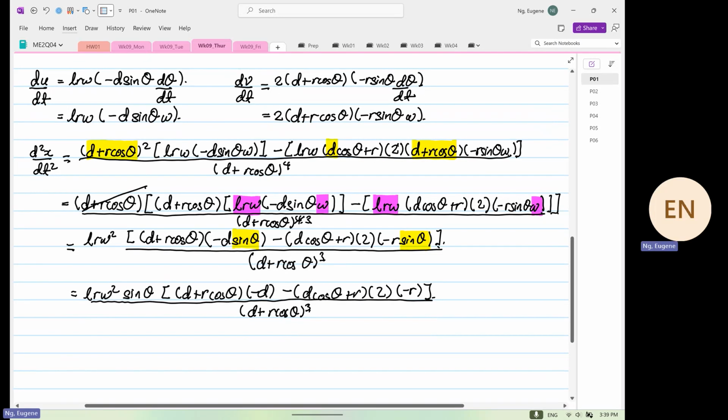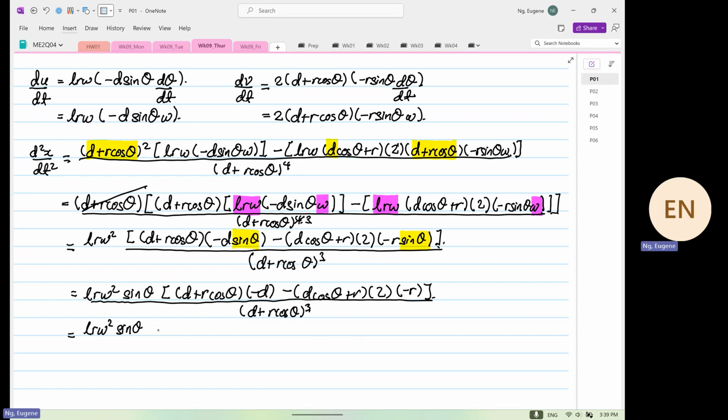So from here, we're almost done. L r omega squared sine theta, you have minus d squared, or minus dr cos theta, brain fart, plus 2 dr cos theta, and then plus 2r squared. I think I have a squared missing, 2r squared.